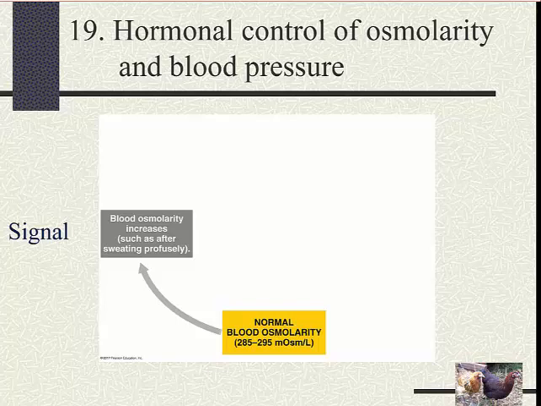So it starts with a signal, and the signal here is that the blood osmolarity increases, such as after sweating profusely because you're losing water, and that increases the concentration of your solutes in the blood.